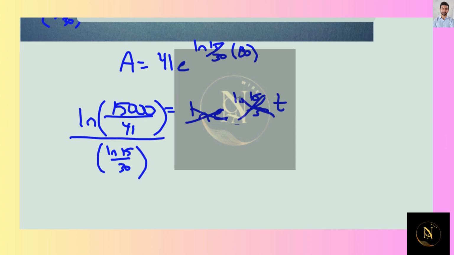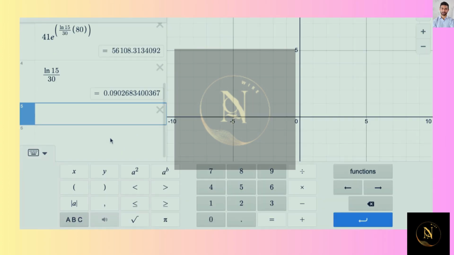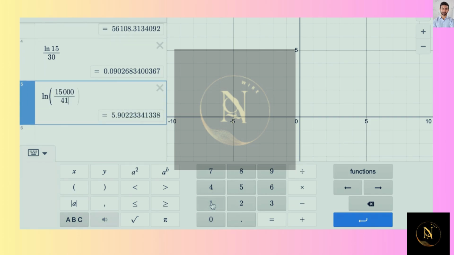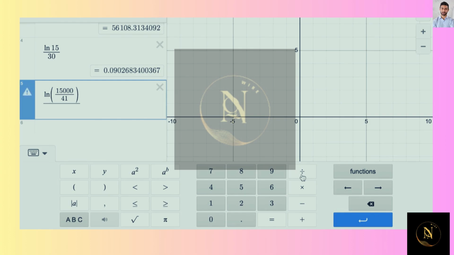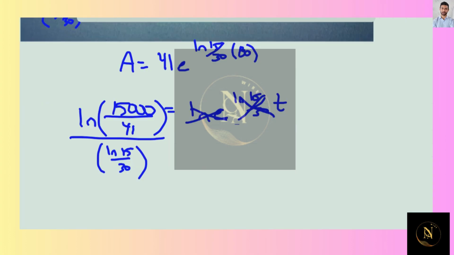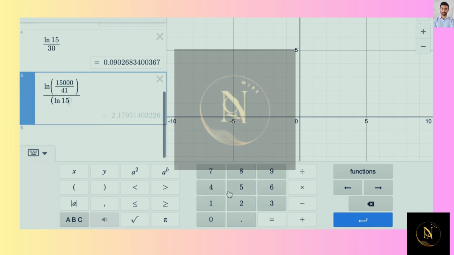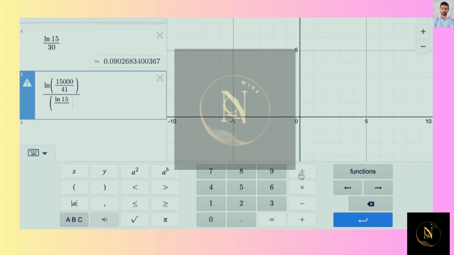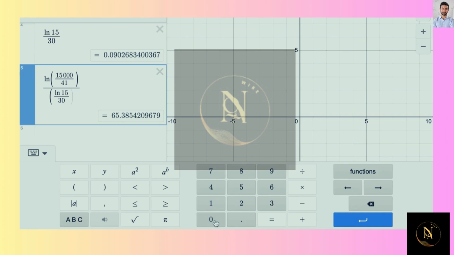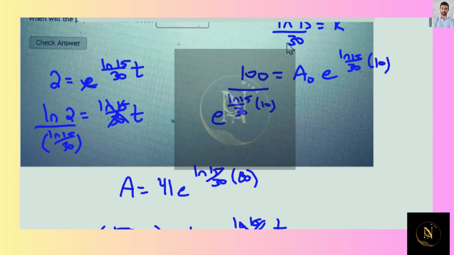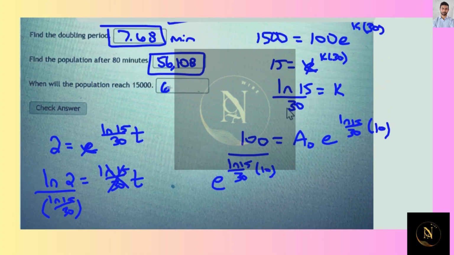So the natural log of 15,000 over 41 over the natural log of 15 over 30. And that is 65.39, and that would be in minutes.